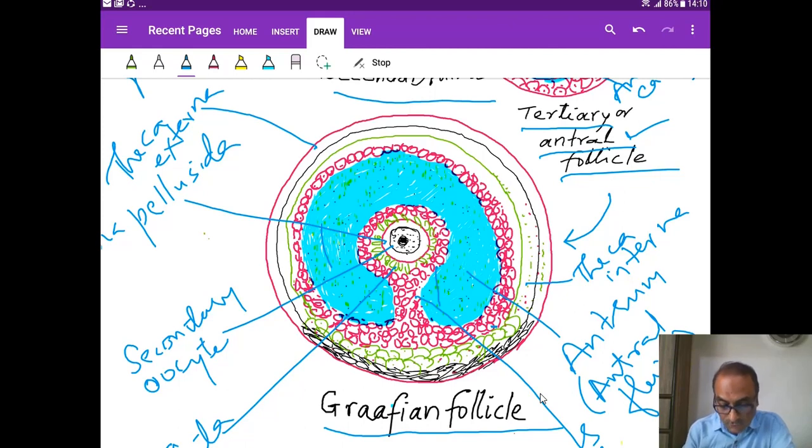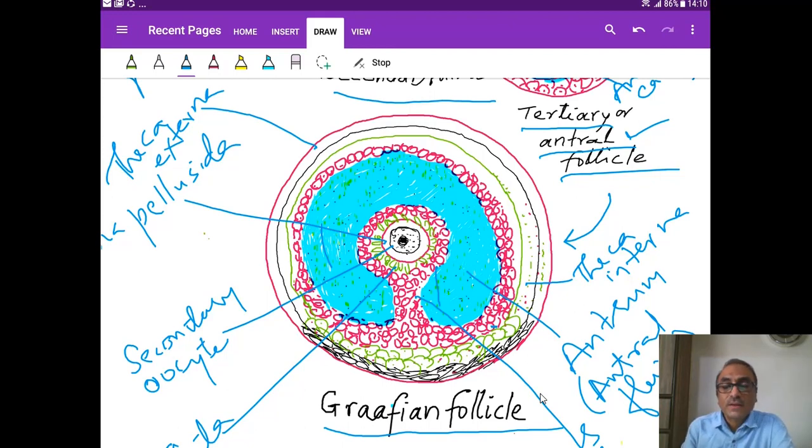Now this Graafian follicle ovulates, or releases the oocyte, on approximately the 14th day of the menstrual cycle. Menstrual cycle, we are going to study about that. It is the cyclic changes taking place in the uterus, the inner lining of which is called the endometrium, as well as in the ovary, which are again controlled by hormones.